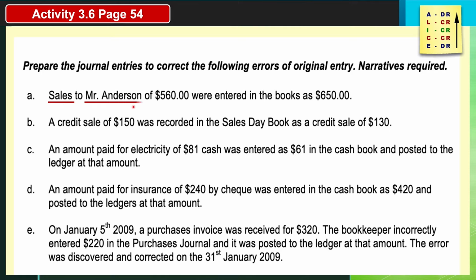Sales, Mr. Anderson. Sales is a credit. Mr. Anderson will be the debit. Sales always credit. And the correct amount, $560. So this is your correct entry, double entry. The incorrect amount that was entered, $650.